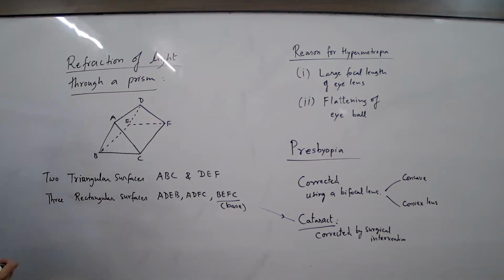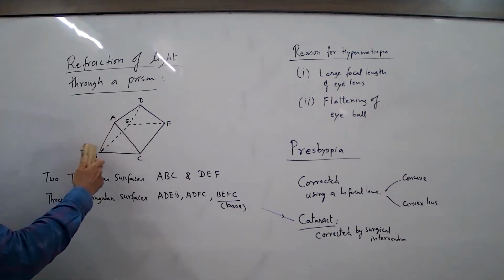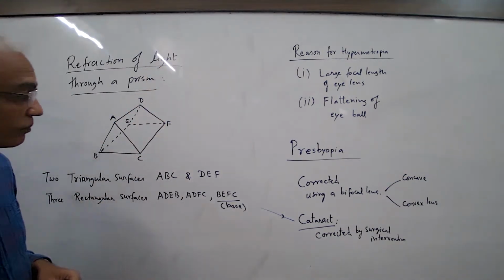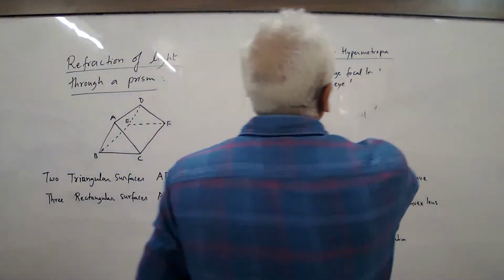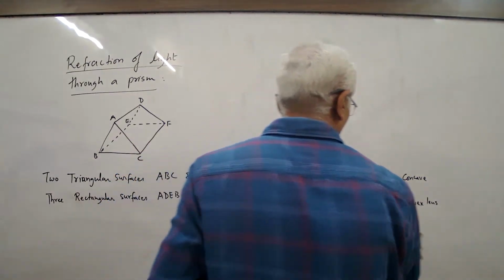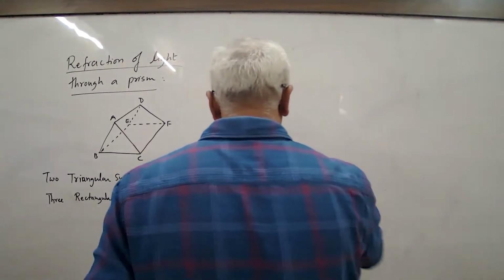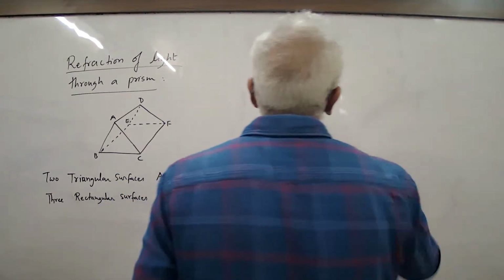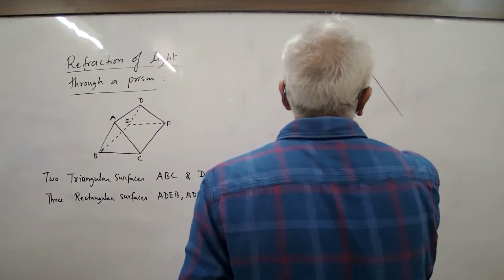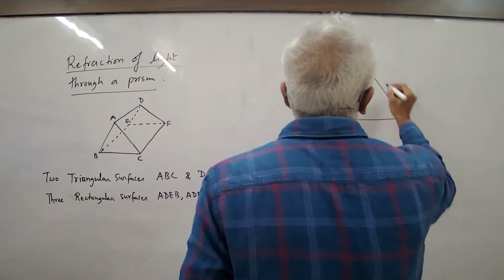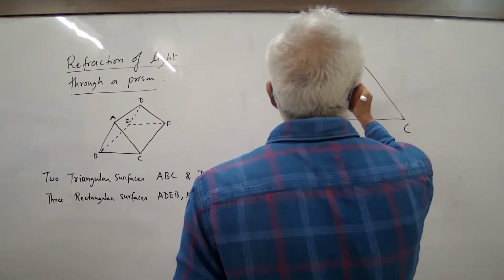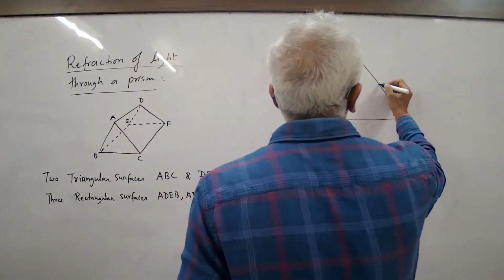Okay. So to draw the ray diagram, we only draw the triangular face, the cross section. We don't have to draw the whole prism. So to draw the refraction, just draw the triangular surface ABC, and mark the midpoint on both the surfaces.